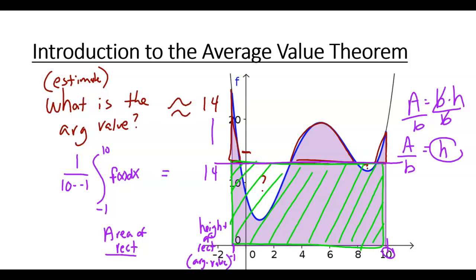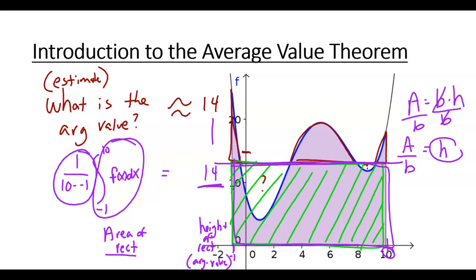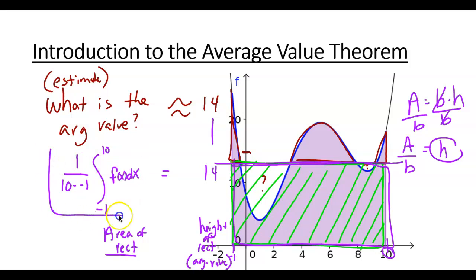What I've just shown you is that we estimate our average value here, which creates a rectangle whose area is exactly equal to the area of the purple region. The area of the purple region is given by this integral. Since it's the same as the area of the rectangle, if I divide that area by the base of the rectangle, that'll tell me the height of my rectangle, which is the average value. So I've shown you a formula to find the average value.